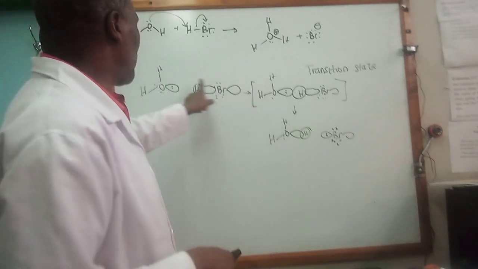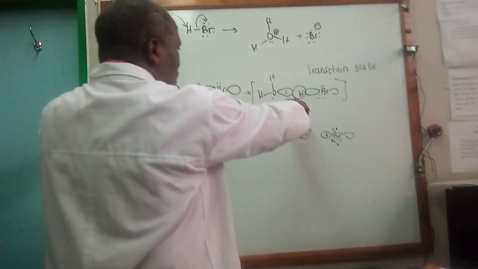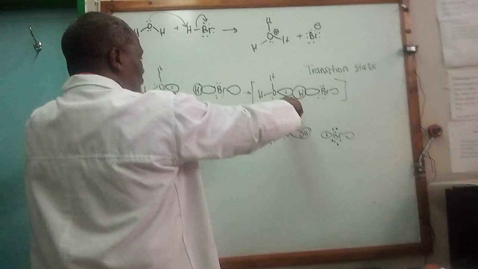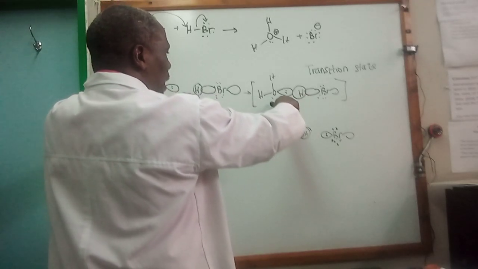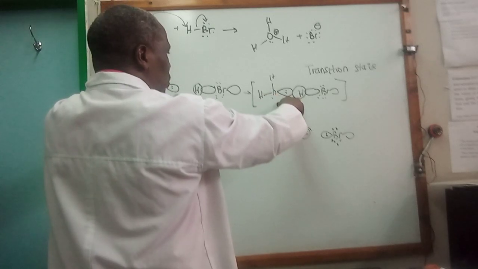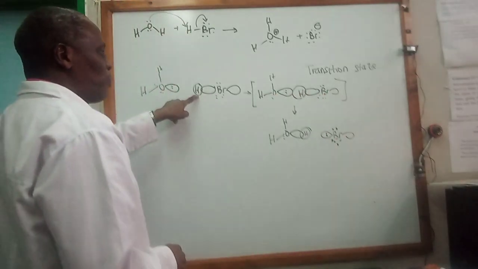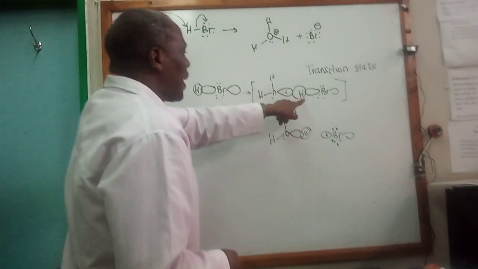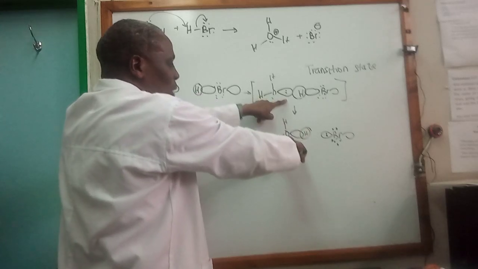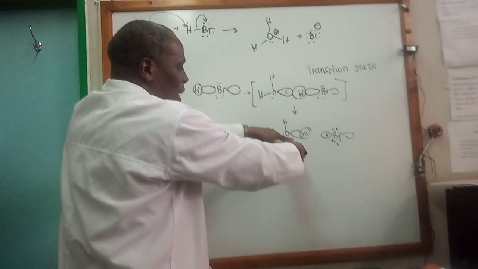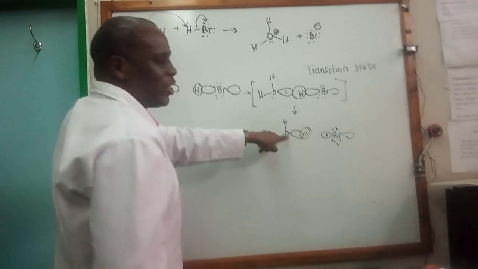At that point, the orbital for the oxygen will just be touching the one for the hydrogen. This is the developing bond between oxygen and the hydrogen, and this is the breaking bond between hydrogen and the bromine. At the end of it, this hydrogen is going to be fully bound to the oxygen, so there will be a full covalent bond between oxygen and hydrogen.